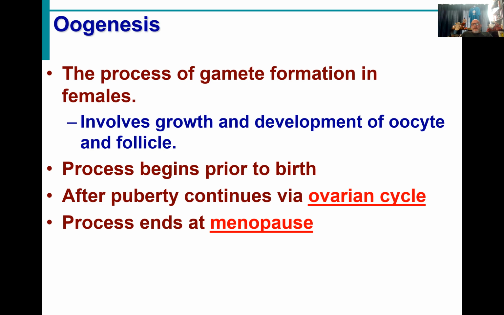No, it stops at a point we call menopause, where females become utterly useless from a reproductive standpoint. All right, and at menopause, the female is no longer able to produce viable gametes, and reproduction ends for her.